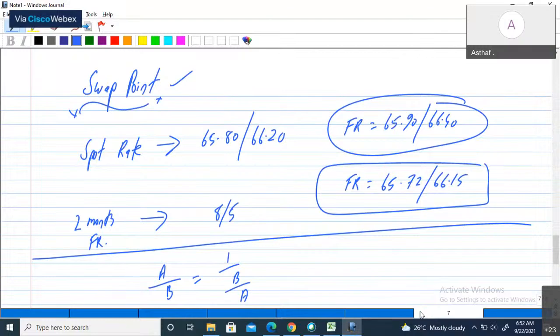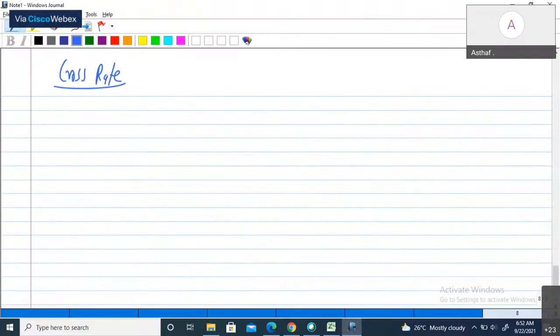If you want A by B currency, can you hear me, my dears? If you want A by B currency, you can go 1 by B by A. This we have already discussed. Now we will go with cross rate.